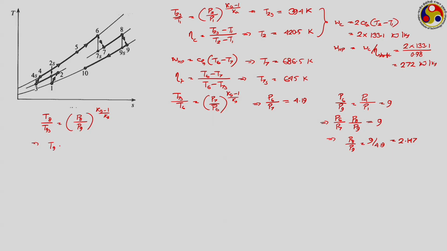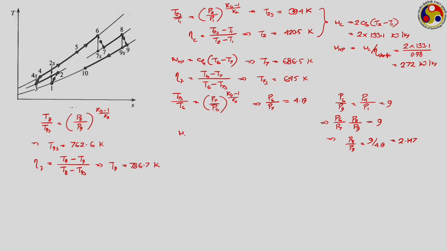From there we are getting T9s to be equal to 762.6 Kelvin, and again using the isentropic efficiency for this LP turbine stage, we have actual temperature change, that is T8 minus T9, by ideal temperature change, which is T8 minus T9s, getting T9 to be equal to 786.7. So, we have the temperature.